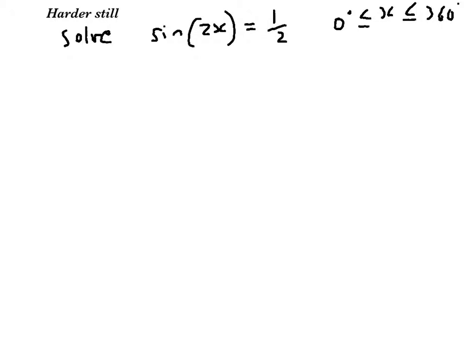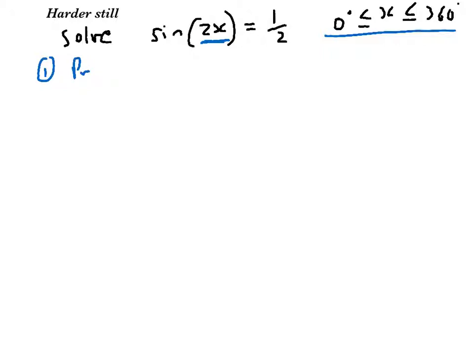This is harder still. This time I've got a transformed graph, don't I? I know that this 2x means that in reality my graph is going to be squished together. Every x value is going to be halved along the x-axis, isn't it? Now this needs to be reflected in this range. So what we do is we solve as normal, okay?